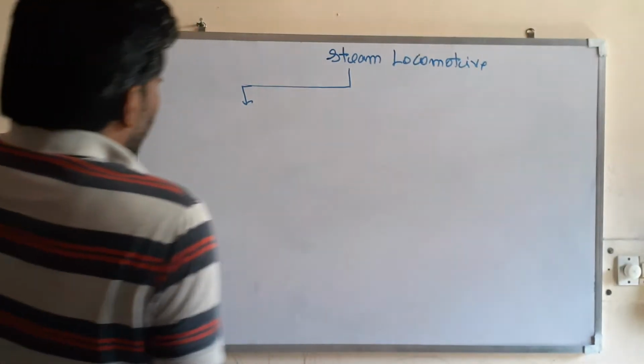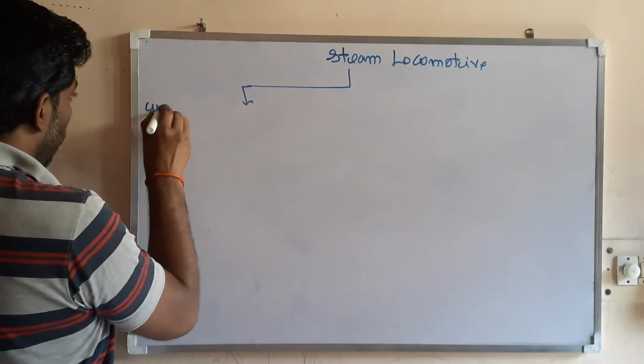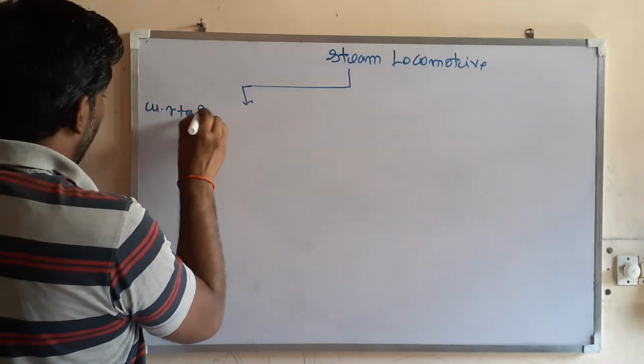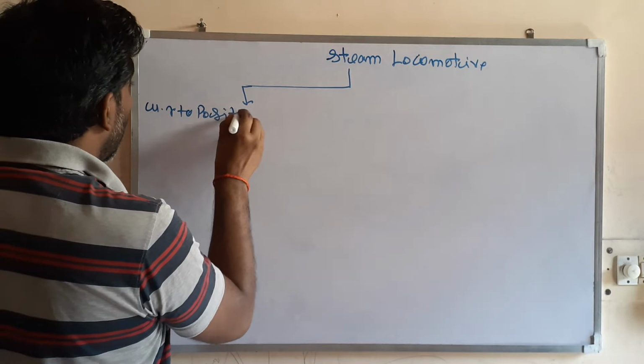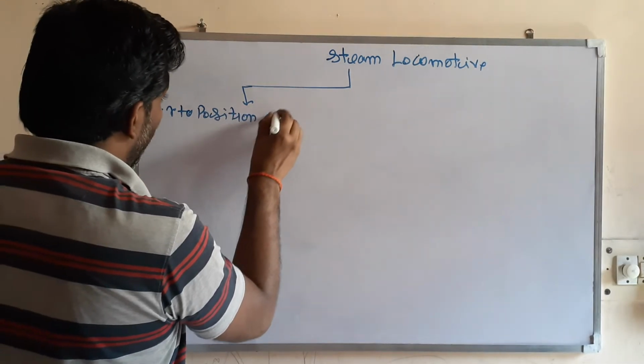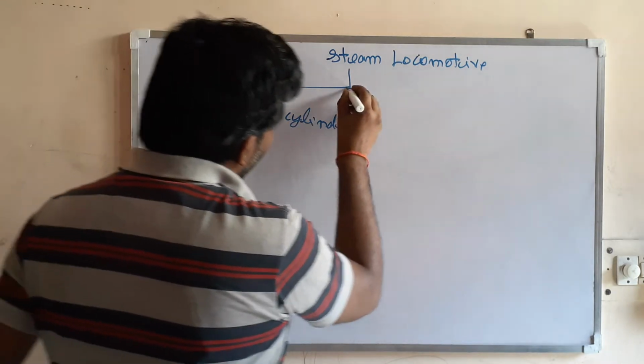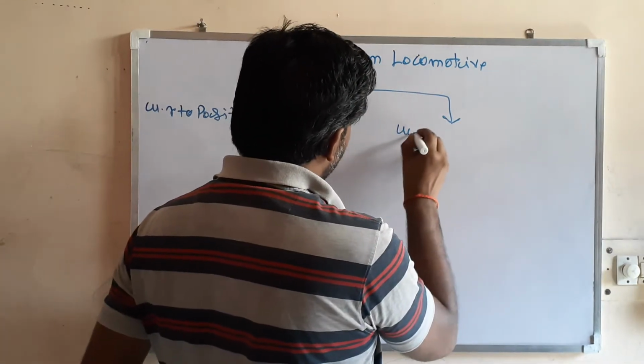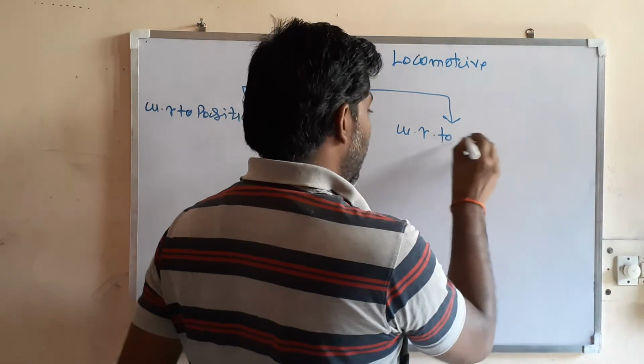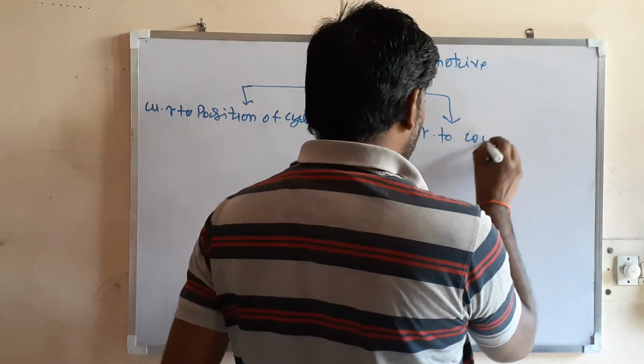The first is with respect to the position of cylinder. And another classification is with respect to coupling rod.